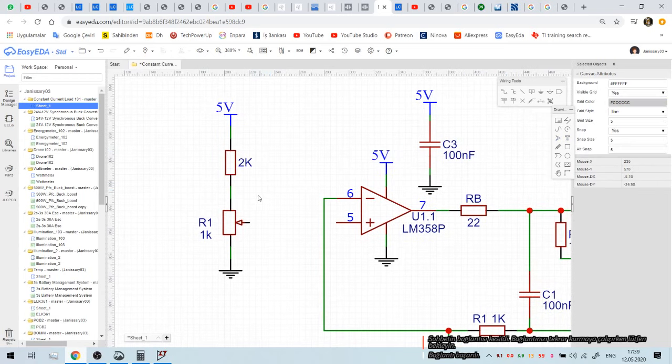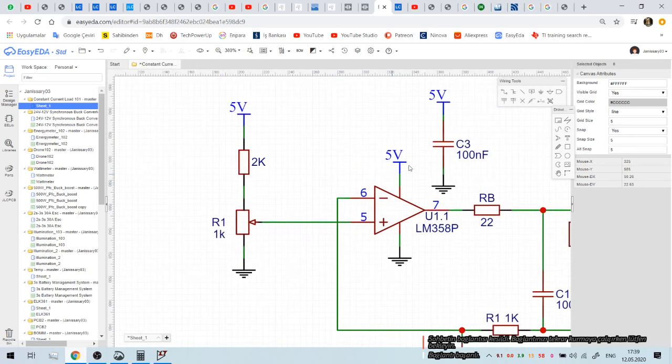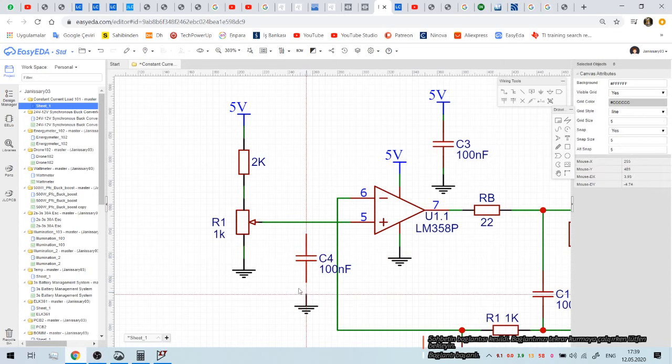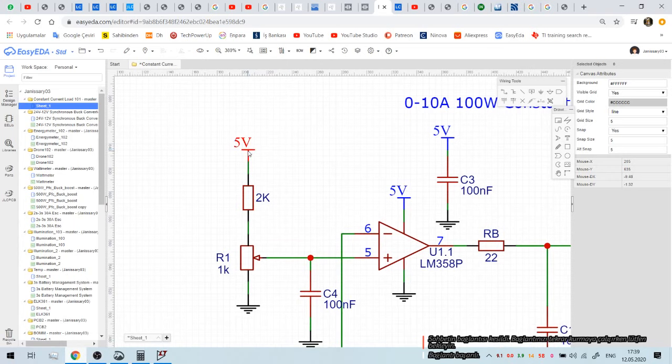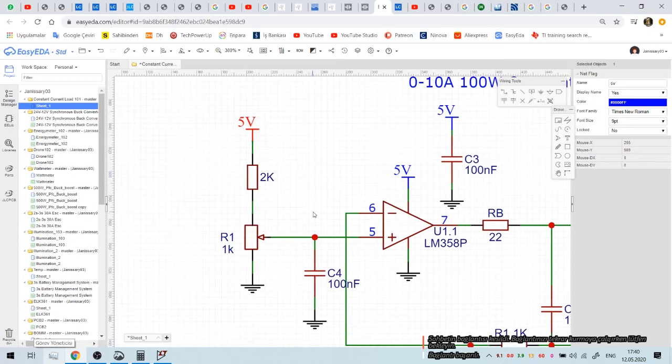This is our 5-volt rail, and I will also add a capacitor here. This also does some filtering, so you know this 5-volt rail is not stable, not very stable.